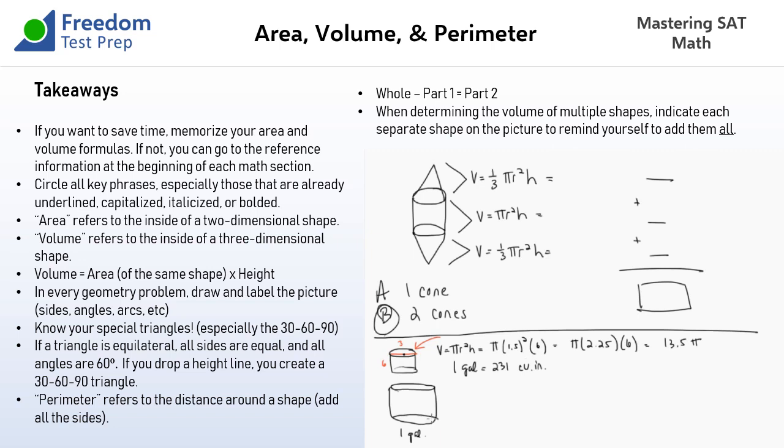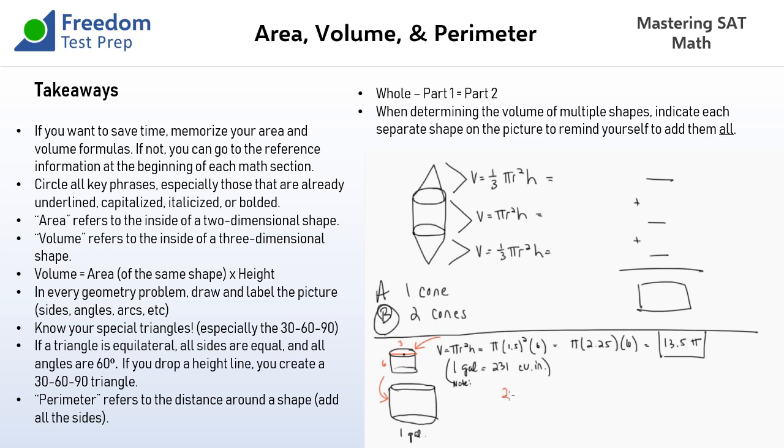You see that whenever they have this, they'll have it in parentheses, they'll say note. You know you're going to have to convert. So you know you have this volume here of 13.5 pi, and you're putting that content into this huge thing over here that is the same as 231 cubic inches.